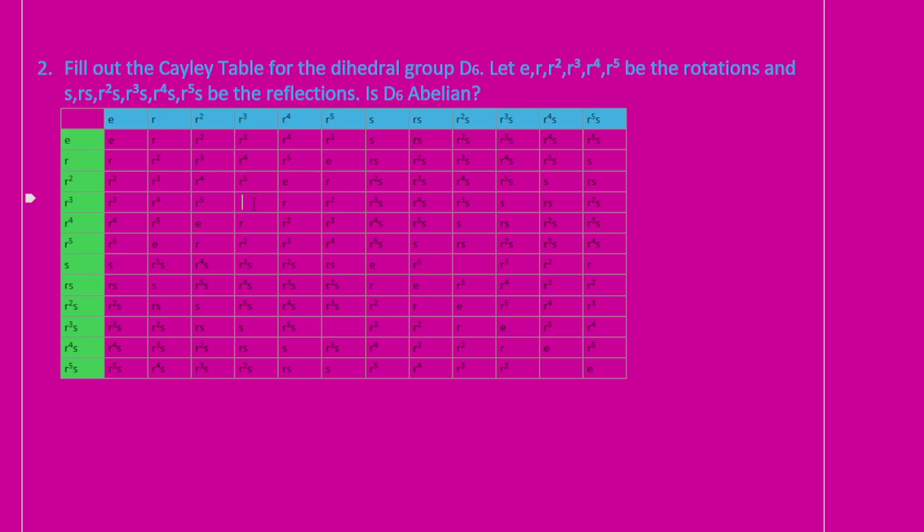But this one's pretty simple. R cubed composed with R cubed is just the identity element, E. All right, the next box we're filling in is for R squared S composed with S.